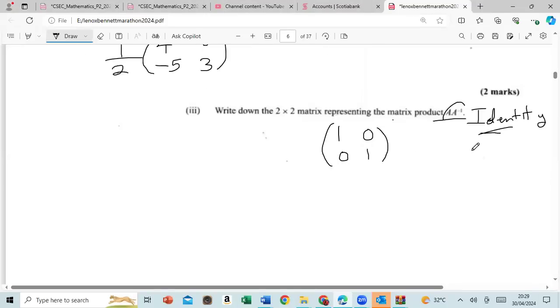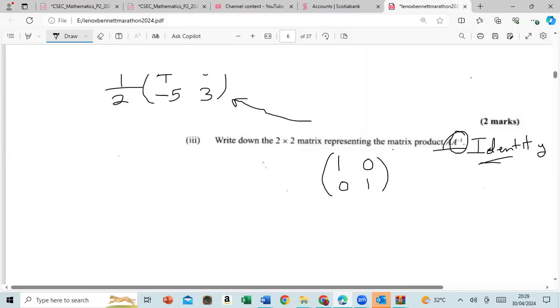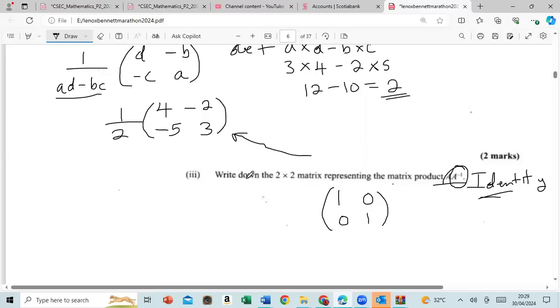So what we're just going to do is multiply. This part is the inverse. So I already found the inverse of A, and that's what I kind of like about CXC. We already found the inverse of A in part 1. So we don't need to work this out again because we already found the inverse, correct?